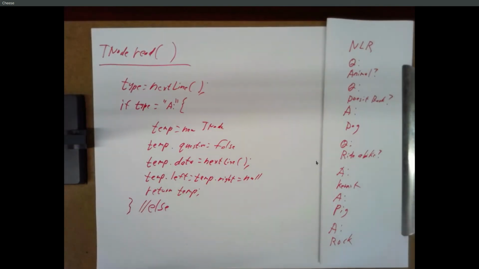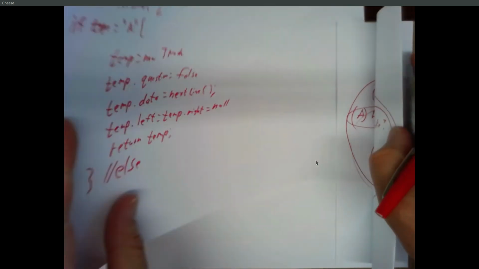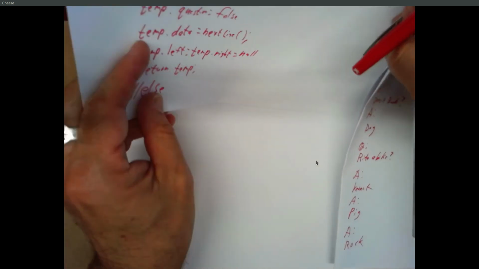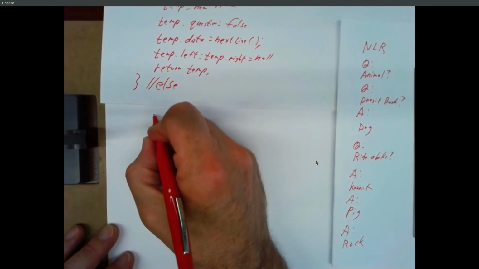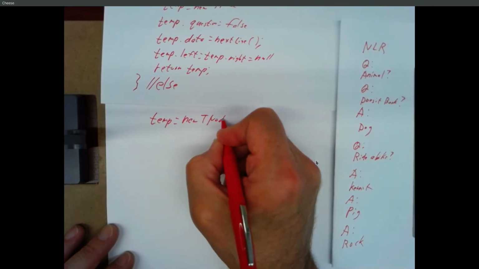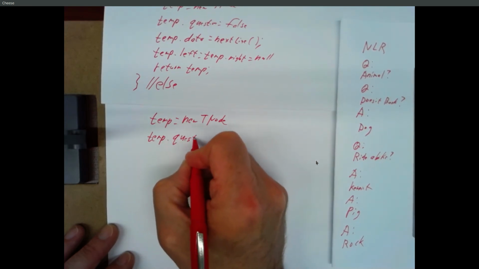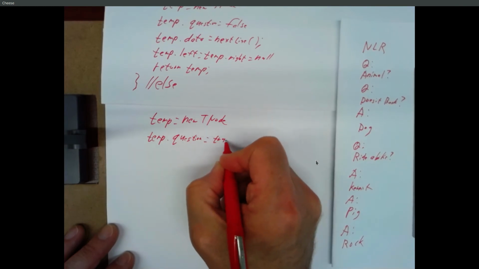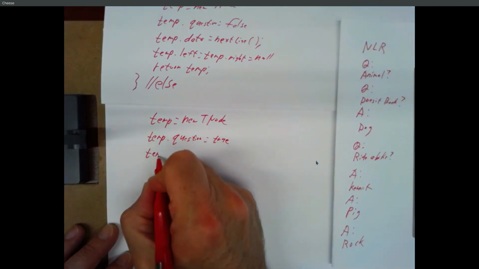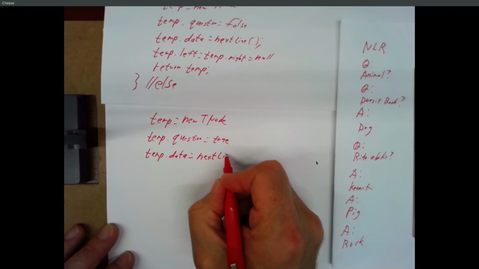this is real simple. But I'll start it on a new page anyway. So in this case, make a new node. Record that it's a question. Save the data from whatever the next line is that you read from the file.